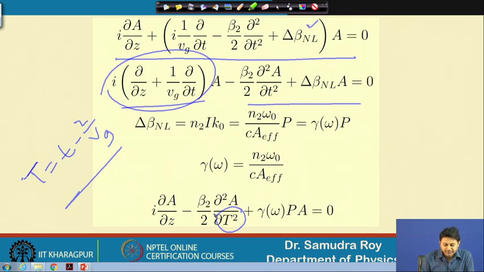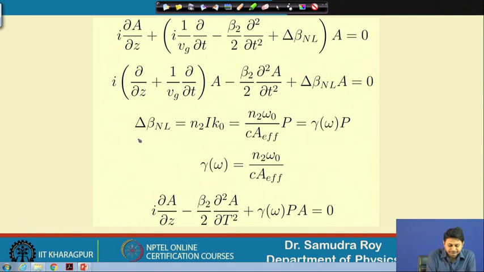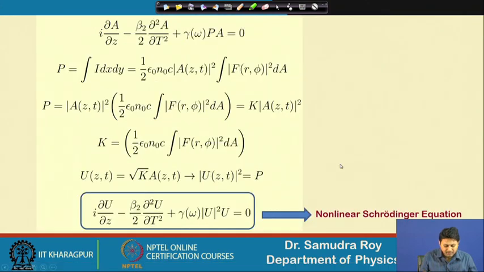What about delta beta? Delta beta nL is the nonlinear propagation constant, which is n2 k 0, and I can write it as n2 omega over c A effective times P, and essentially we will have this expression in our hand. So, let us see what else. This expression can now be written by putting in some rescaling.